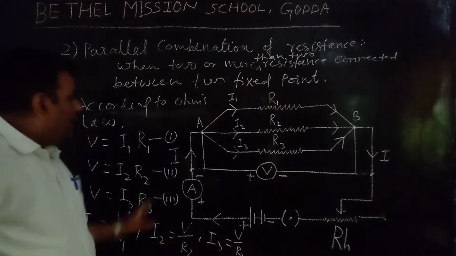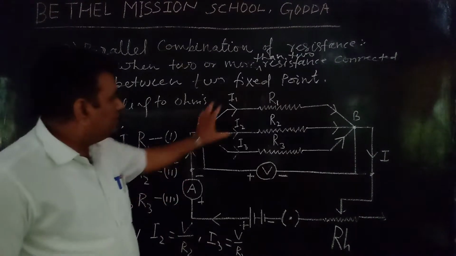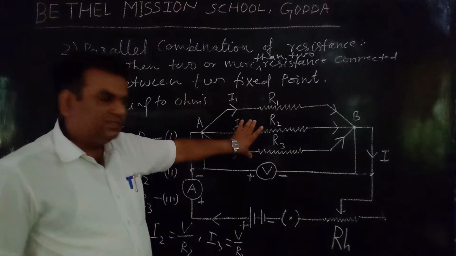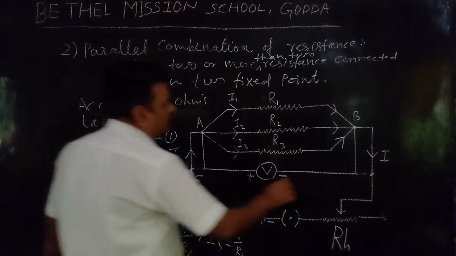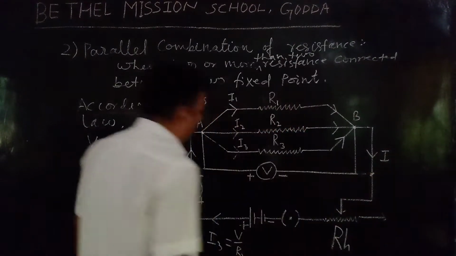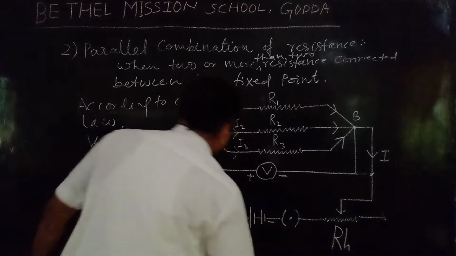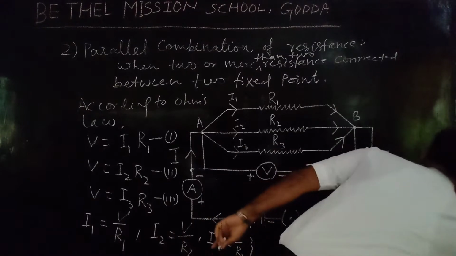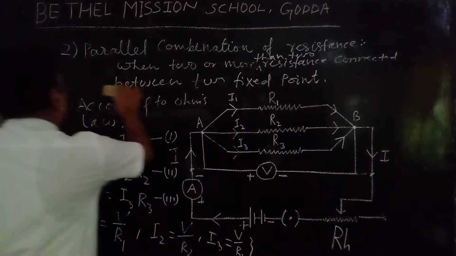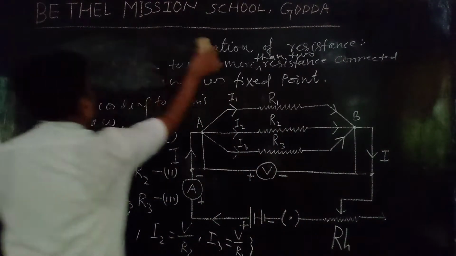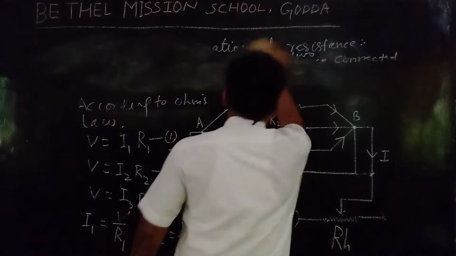Now what is the value of the total current for this circuit?